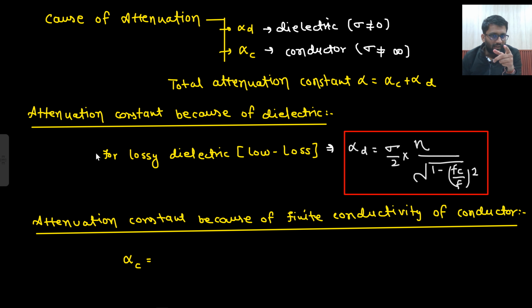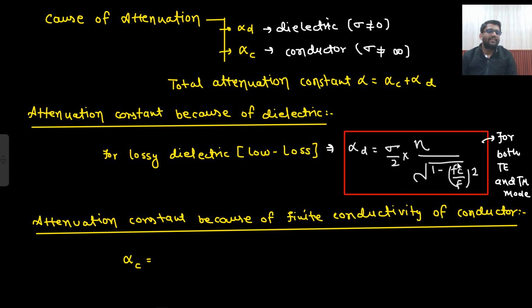And under root 1 minus fc by f whole square will come in the denominator. So this also you need to remember. It will not come into numerator, it will come into denominator. And it is applicable for both TE and TM modes.